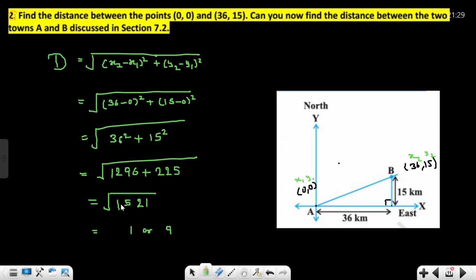Okay, 15 is near about the square of 3. 3 square is 9 and 4 square is 16. So here, it is either 31 or 39, and 30 square is near about 4 16, no? So it means 39. The answer is 39 units.